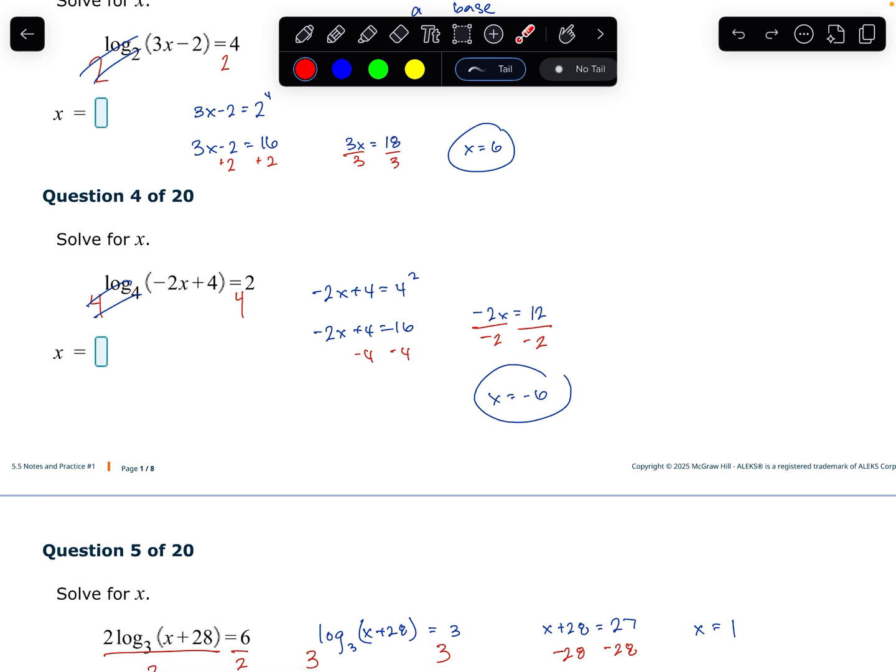So for question 4, why is it okay that this x is negative? Well, if you plug it in, it's okay if x is negative. You just can't have the logarithm number be negative. If I plug in -6 right here, that's -2 times -6, which becomes +12 plus 4. So overall, this becomes 16, and so this is okay.